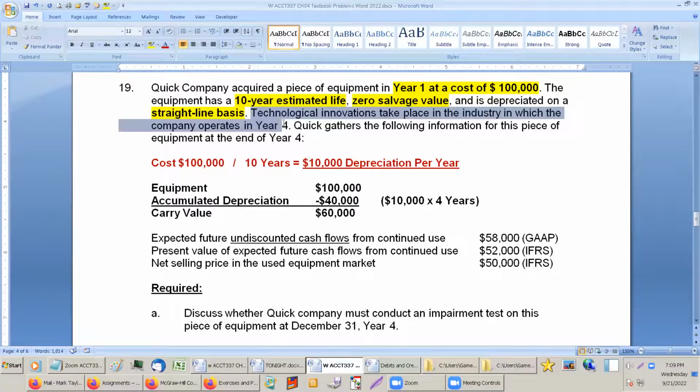Now it says here, technology innovations take place in the industry in which the company operates in year 4. Okay, so the rules on this are that if something takes place that would indicate that the asset's impaired, you must do a reevaluation.